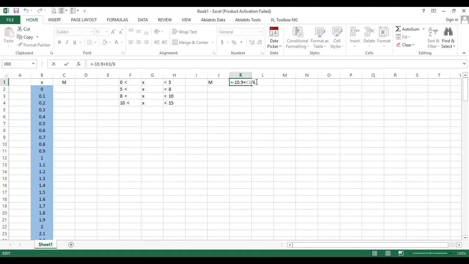I can't write that equation here, so I have to go there and directly paste it.